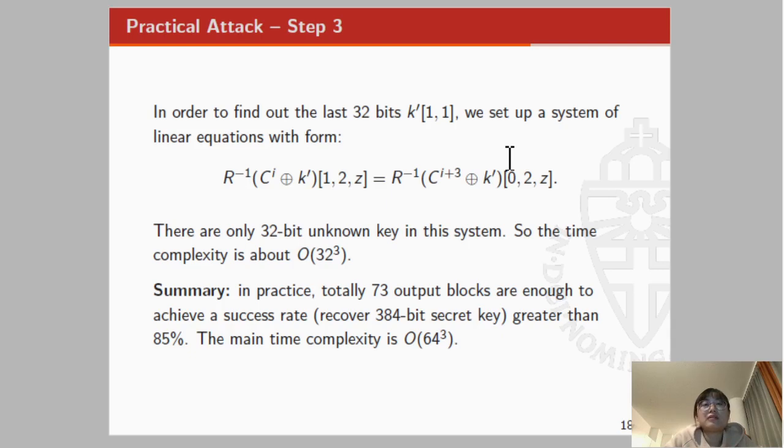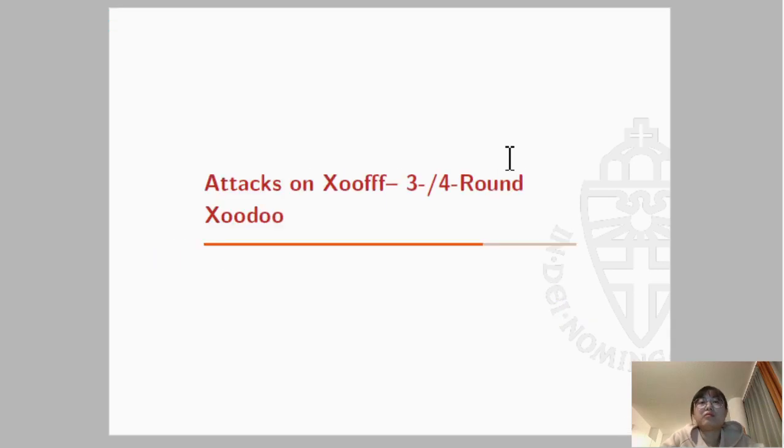Totally 73 output blocks are enough to achieve a success rate greater than 85%, and the mean time complexity happens in step 2 and is about 64 to power 3.